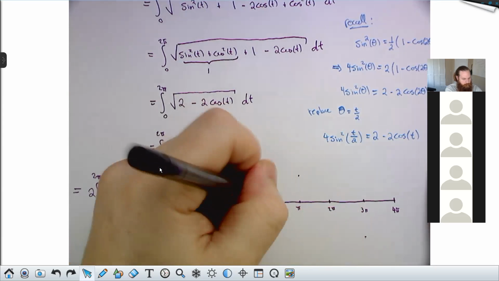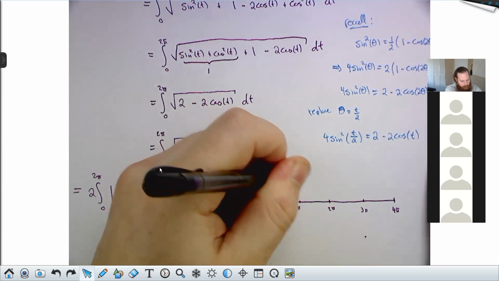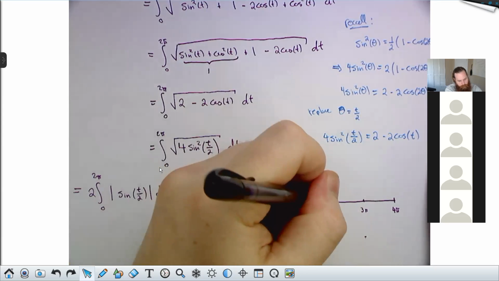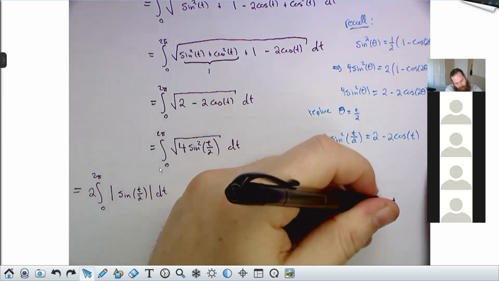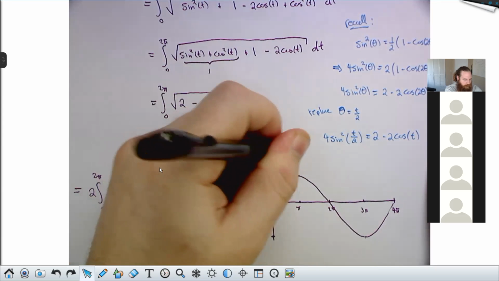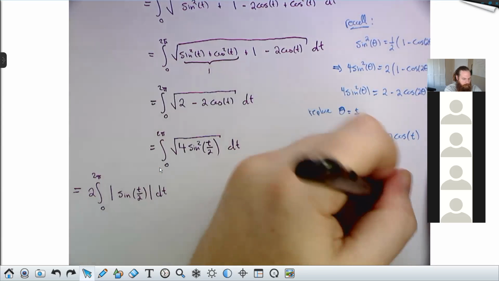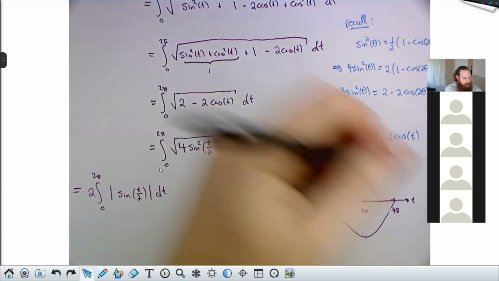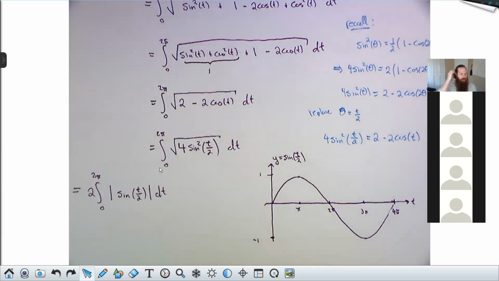So the graph of sine t over 2, where this is the t-axis, this is the y-axis, looks like this. In particular, from 0 to 2 pi, this thing is positive. So I can lose the absolute values.